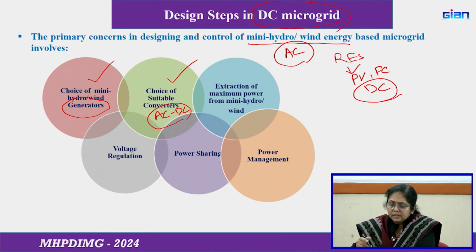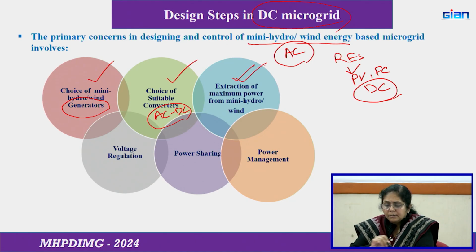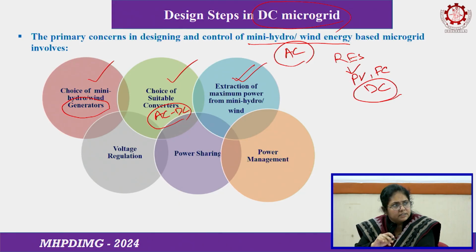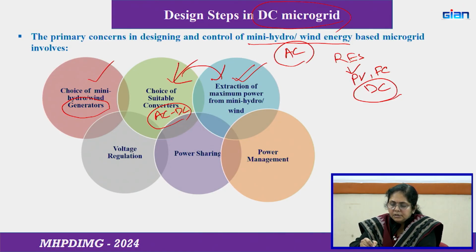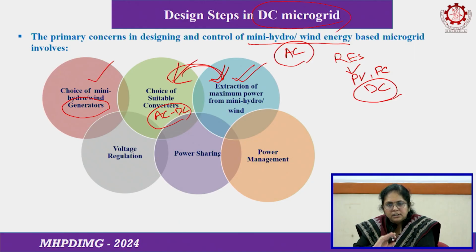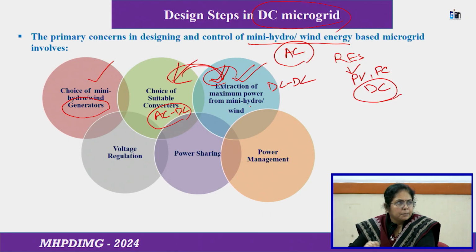For both cases, after this AC to DC conversion, there can be a single stage, a single converter doing AC to DC with MPPT operation, or you can have two stages: AC to DC only rectification, then a DC to DC converter to do the MPP operation.